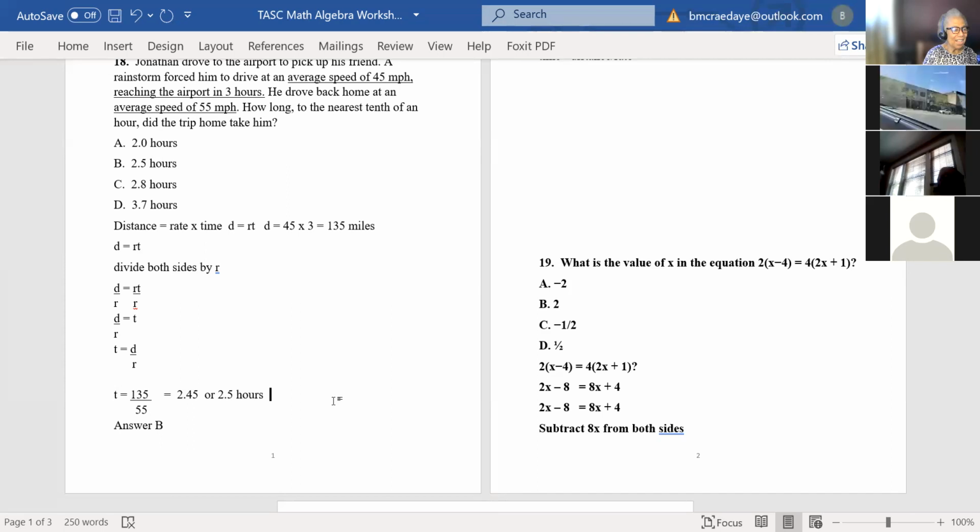I already know the average time he drove back home. So all I had to do, because when he was going they had a rainstorm, so you drive less time, was multiply 45 times 3, and you got 135. And then you divide it by 55 and you find it. Yeah, that's the way of doing it.